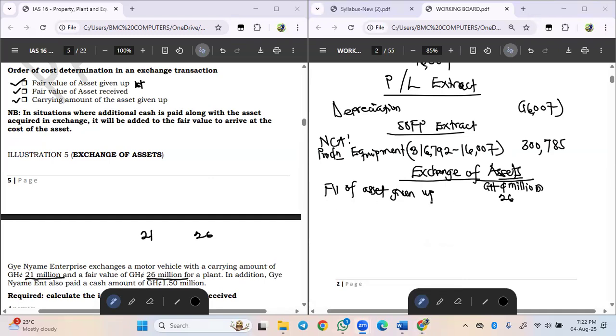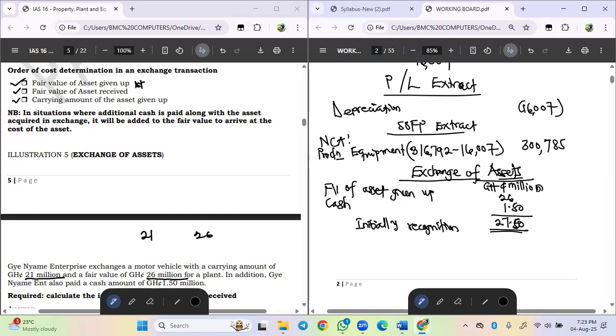Then the extra cash paid will be added. That one is 1.5. So in all, the initial recognition or the cost of that asset will be 27.5 million. So this one will be the price of the plant that you are acquiring.